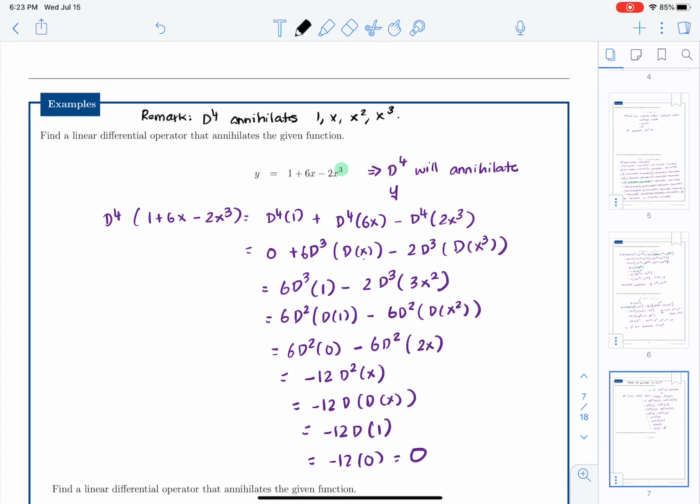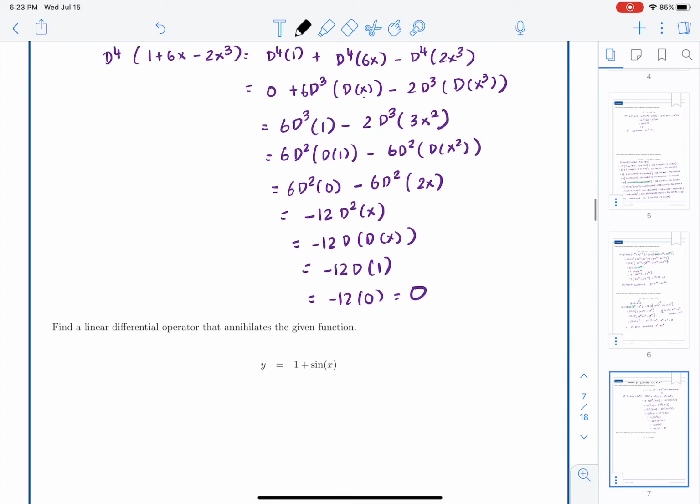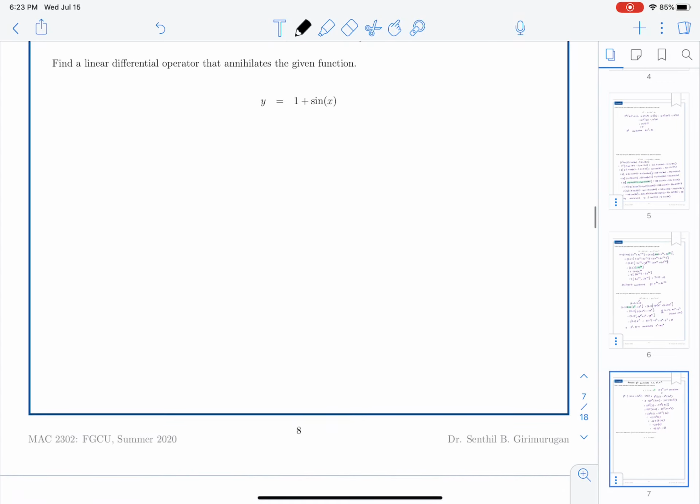So if we have an expression, 1, x, x squared, x cubed multiplied by constants, every single one of them will be gotten rid of by D raised 4. So here we have a constant and we have sine x, and we want to come up with an operator that would get rid of 1 plus sine x.